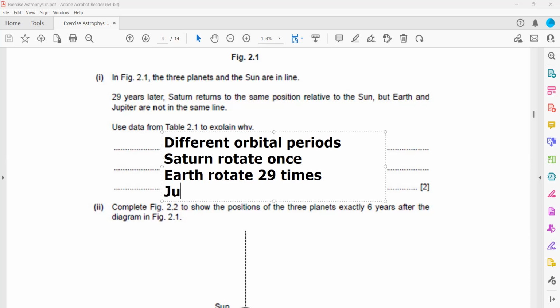And how many times will Jupiter rotate? Because the orbital time for Jupiter is 12 years, it is 29, the total, divided by 12. So 29 divided by 12 gives us 2.4.